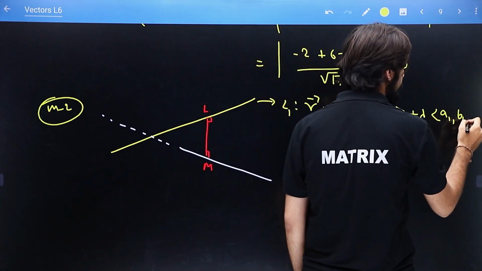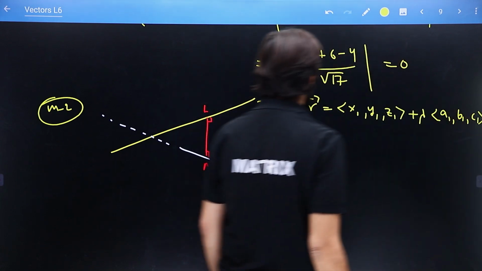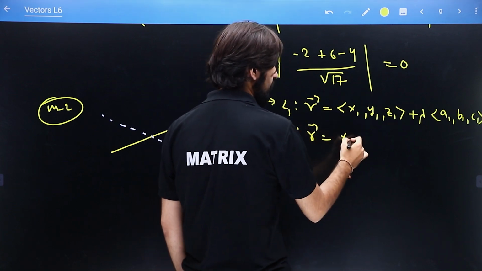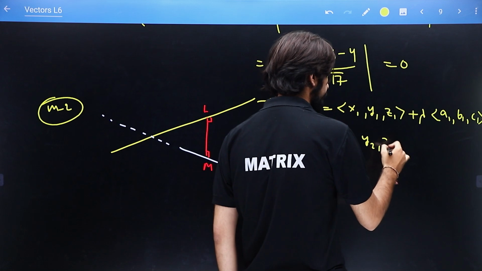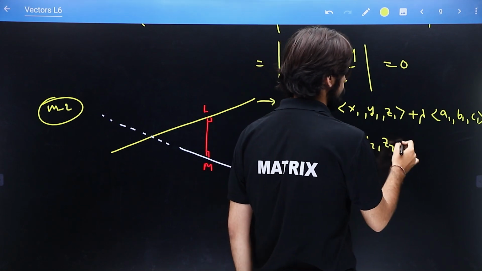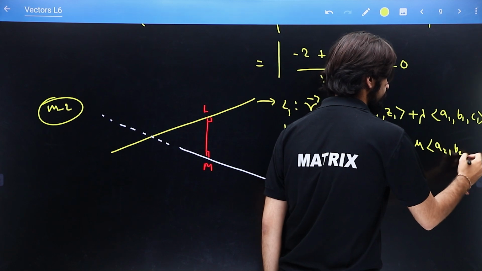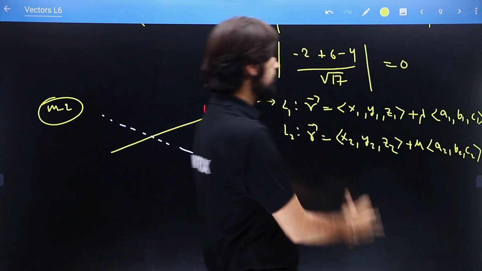Then L2 will be vector r equals x2, y2, z2 plus mu times a2, b2, c2. These are your two lines.